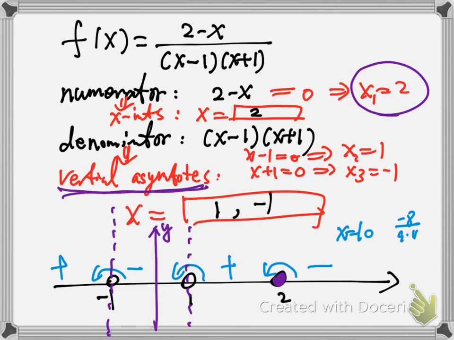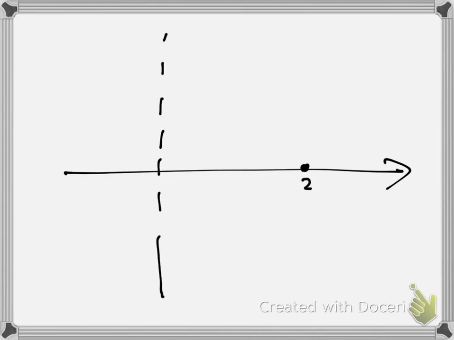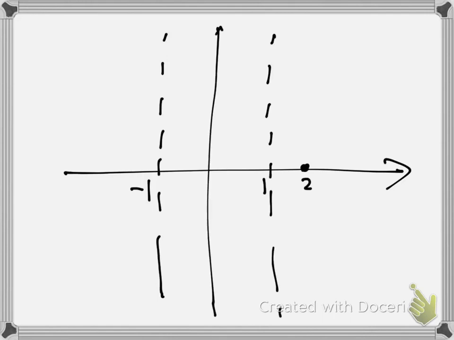Cutting lines. So now let's make this graph better. This is 2. There is a cutting wall. -1, there's another cutting wall, 1, and then y-axis in the middle, right? So now we know x-intercept, vertical asymptote.